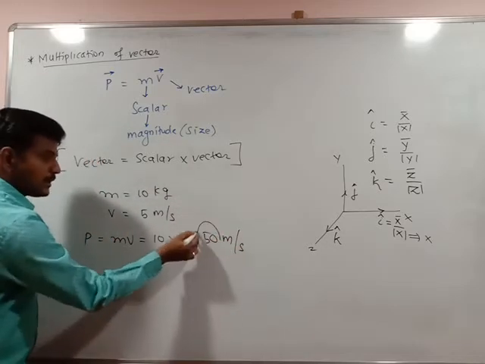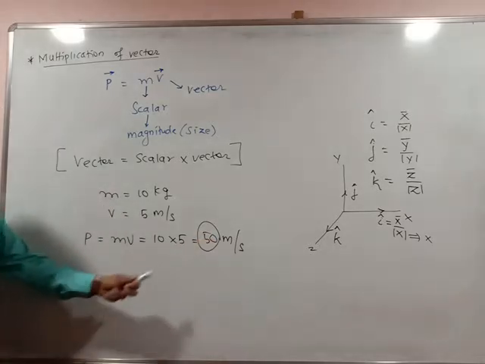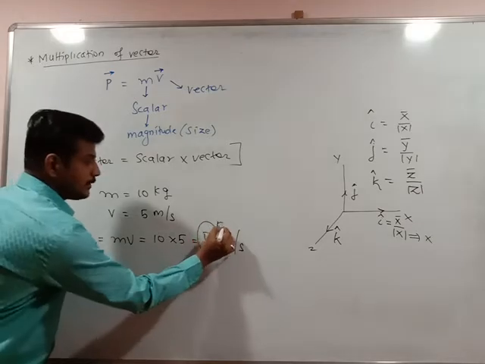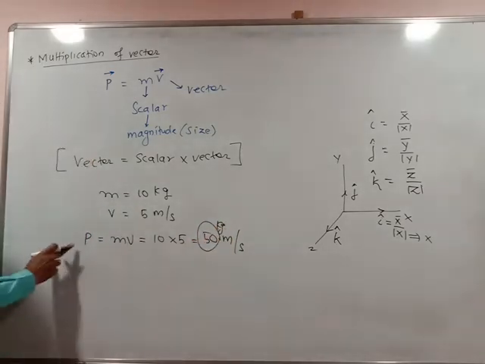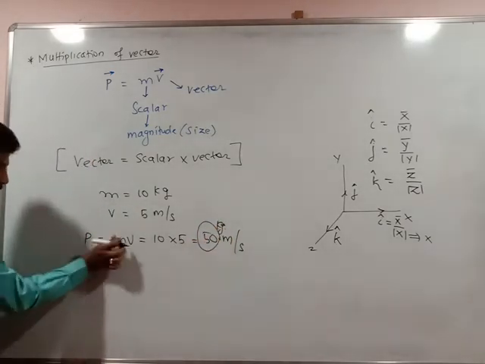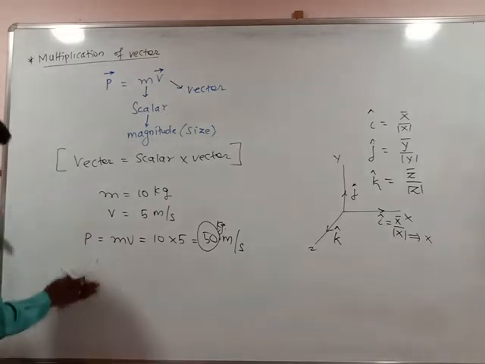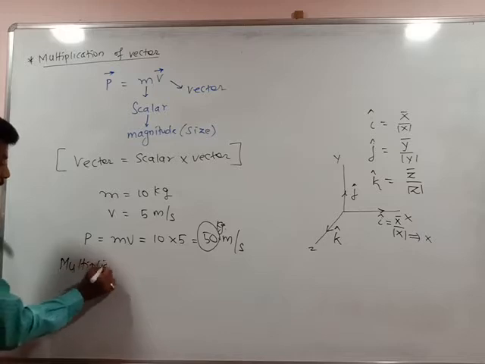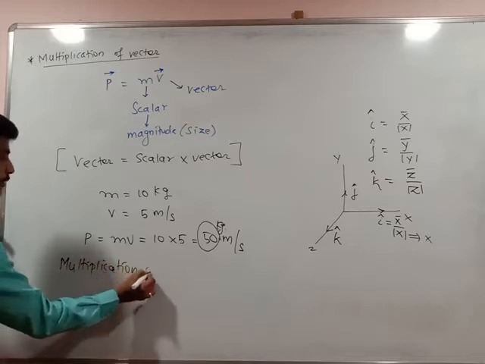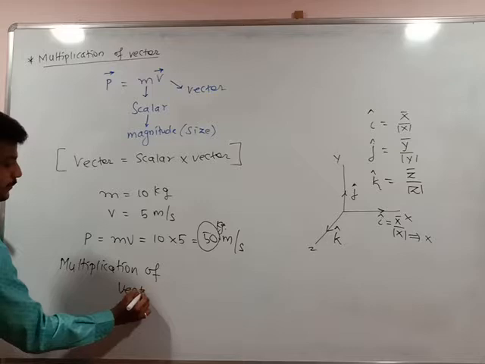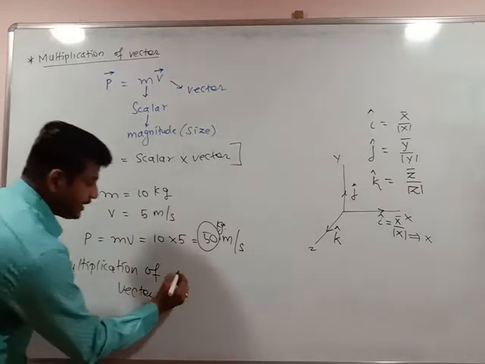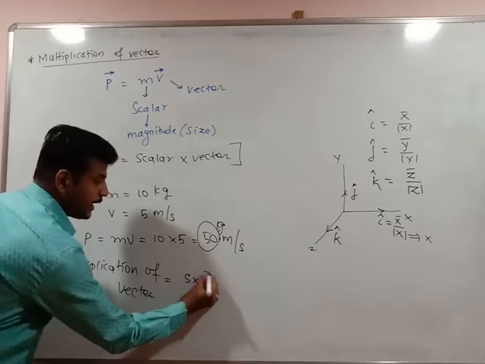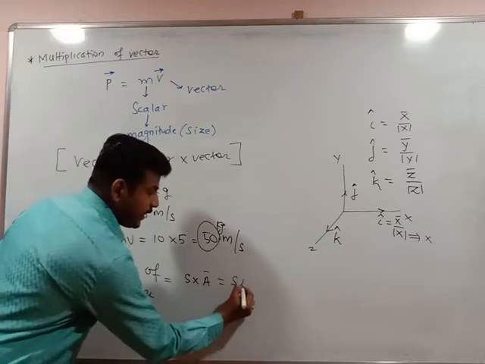Now see, is the magnitude increasing or decreasing? The magnitude is increasing. Kg meter per second is the unit of momentum. So in short, multiplication of a vector is always shown as s into a bar, which gives s a bar.